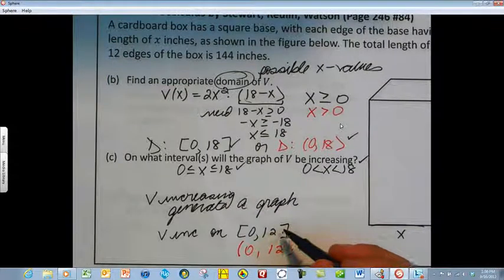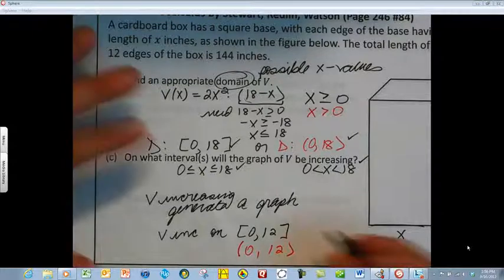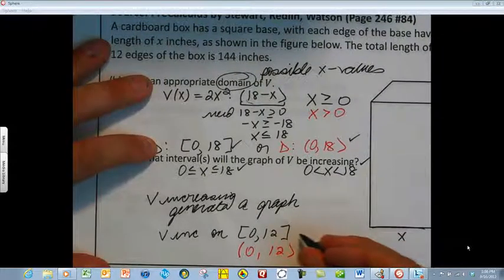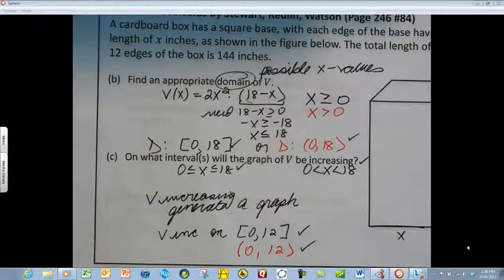So we have 0 as the minimum value. We have 12 as the maximum value. I'm going to switch back to the other screen. Based on our graph, V is increasing on the interval [0, 12].